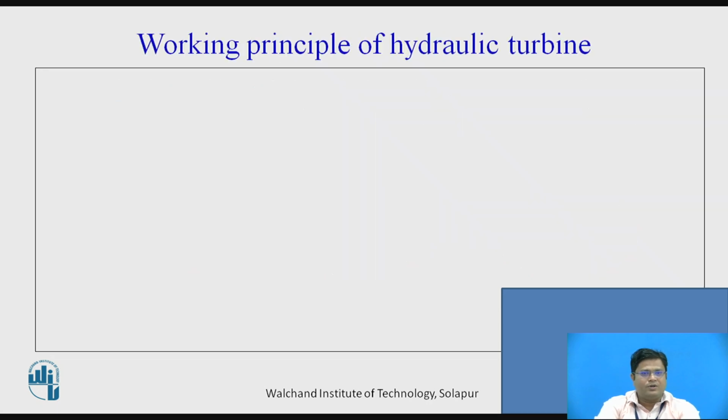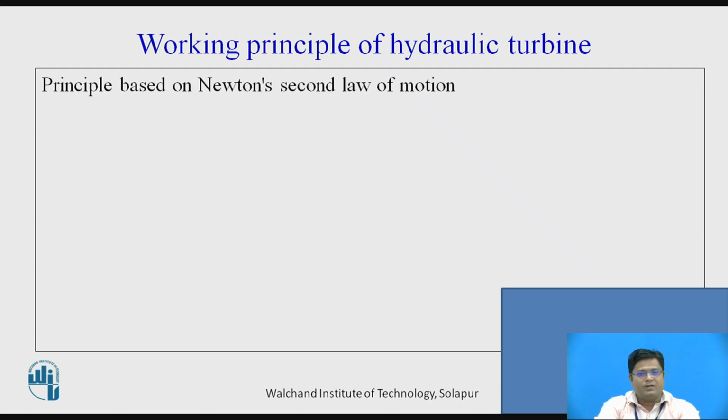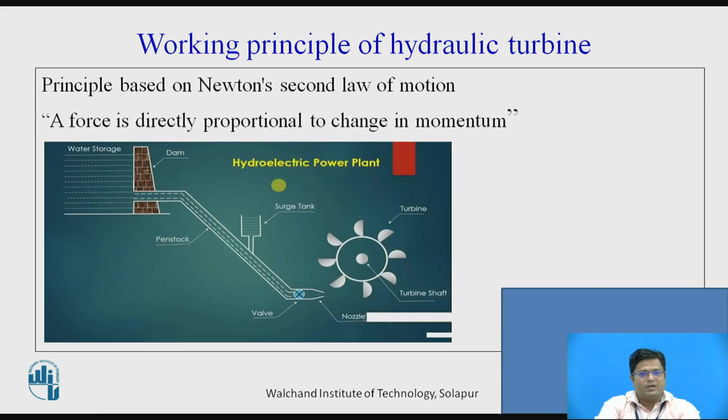Now we are going to discuss what is working principle of hydraulic turbine. Working principle of hydraulic turbine depends upon Newton's second law of motion, which states that the force is directly proportional to the change in momentum. See here, this is the diagram of hydraulic turbine. The water is stored in the dam. The water is coming from the dam through the penstock, and it strikes on these blades of runner.